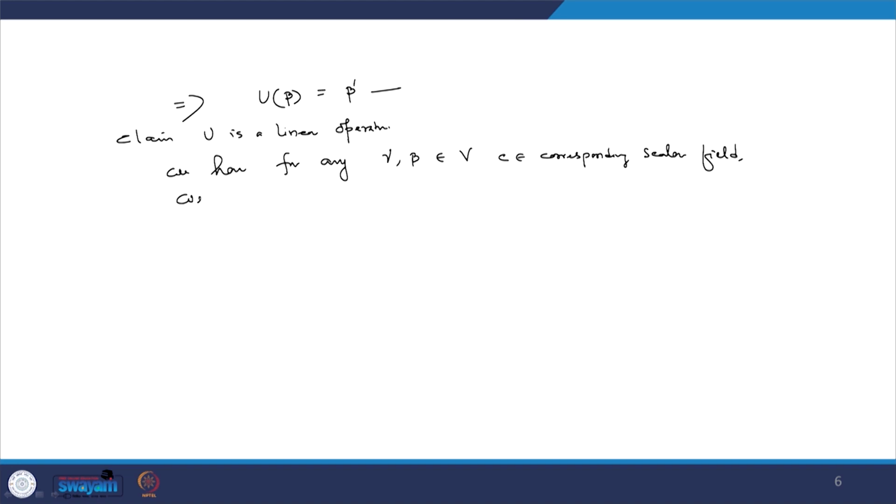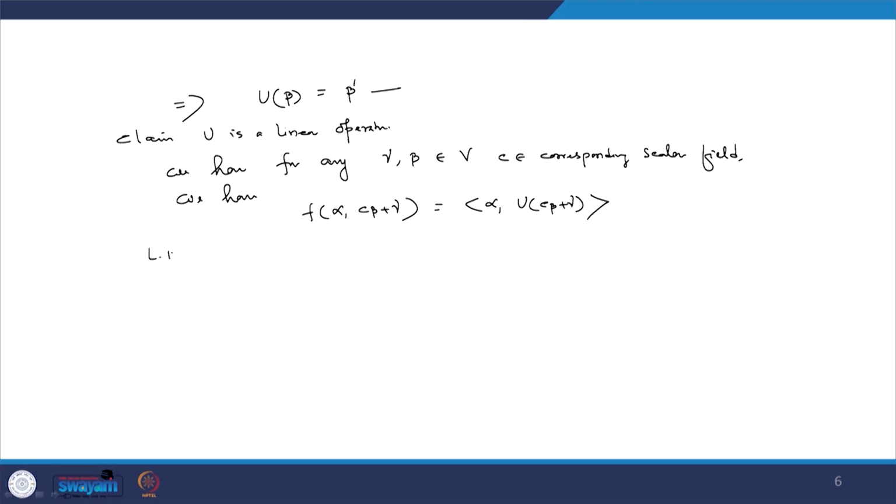according to our definitions, f of alpha, c beta plus gamma will be equal to the inner product of alpha and U of c beta plus gamma.